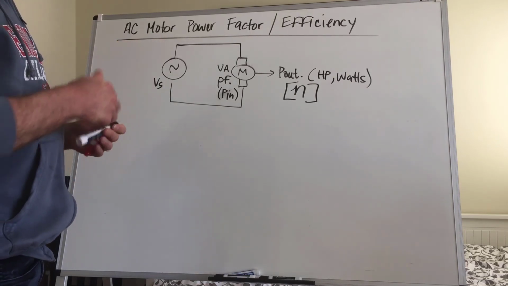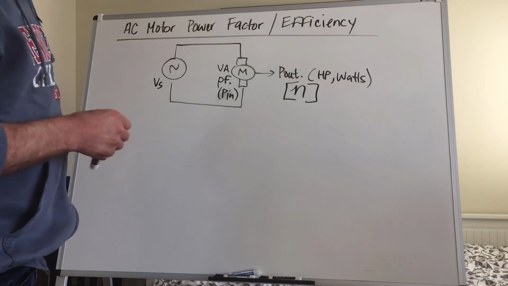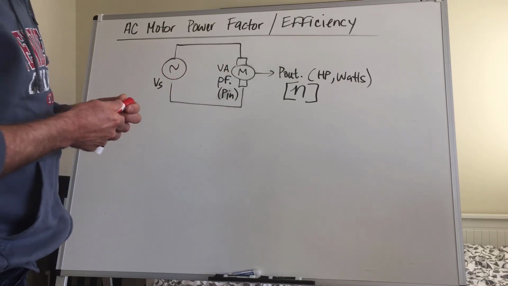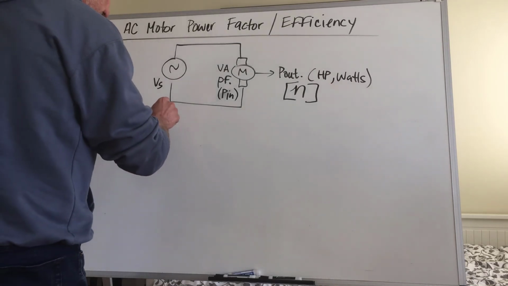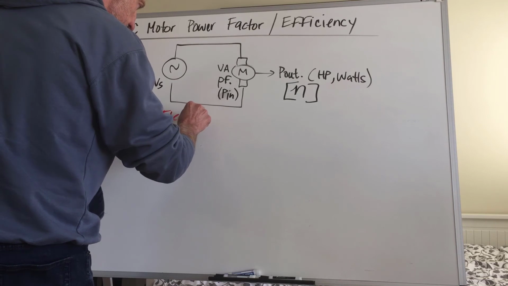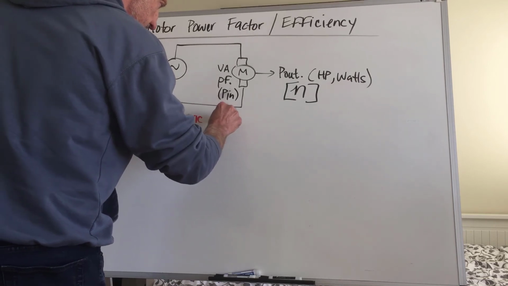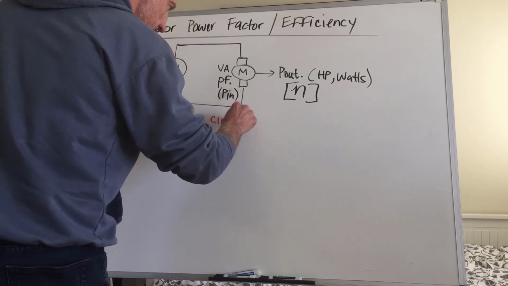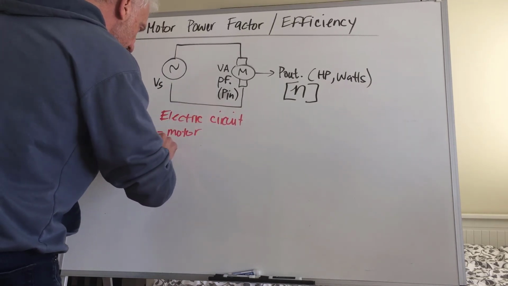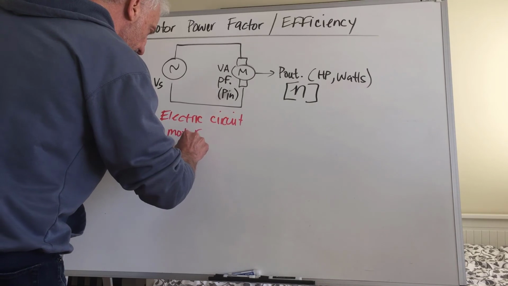So one thing to probably mention here is when it comes to the power factor of a motor, that's where you're looking at the VA value when the motor is a load. So that means the motor is a load to the electric circuit, right? So when it comes to this electric circuit, the motor is the load, the electric load, right?